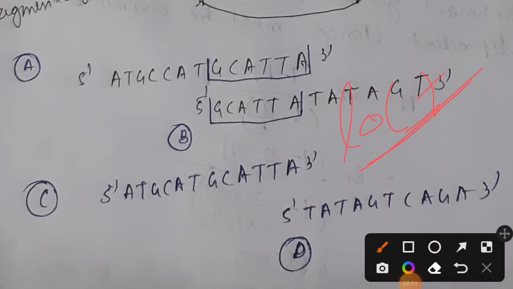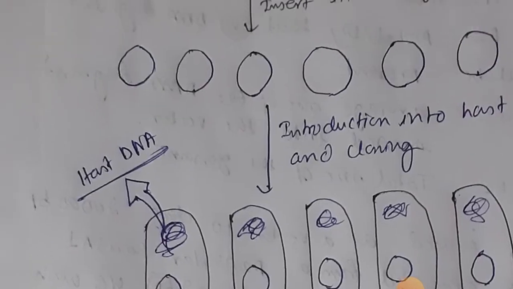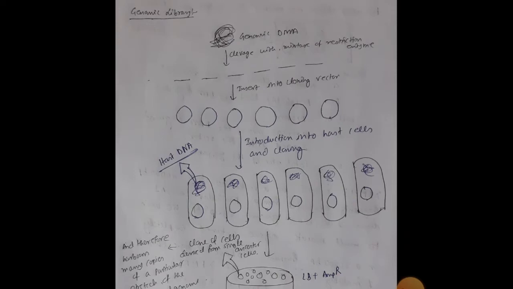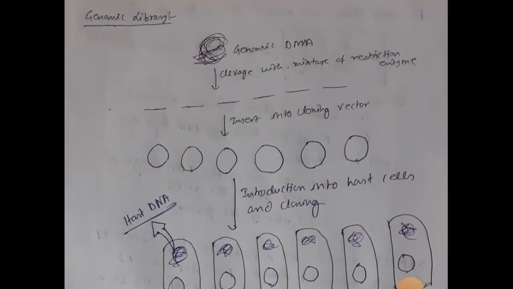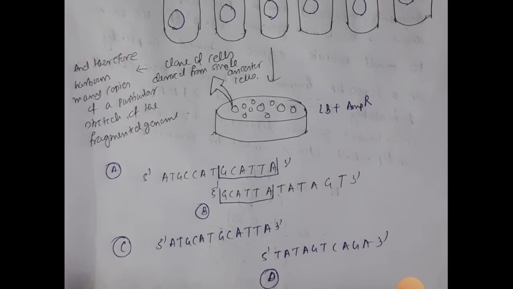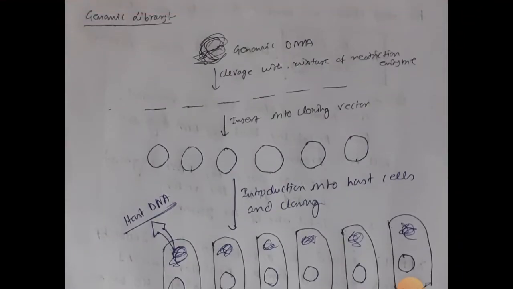your gene of interest. Okay, so one thing I want to make clear: if you don't know the sequence of a particular genome, then it will be very difficult for you to screen a particular gene of interest from an organism's genomic library.